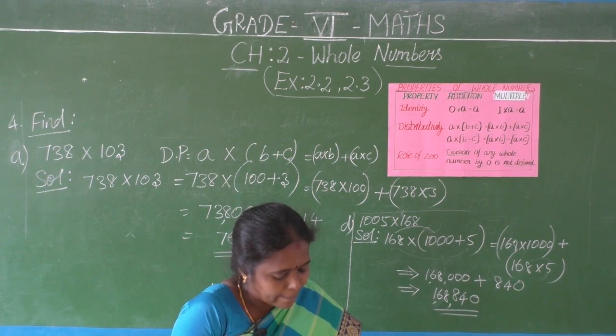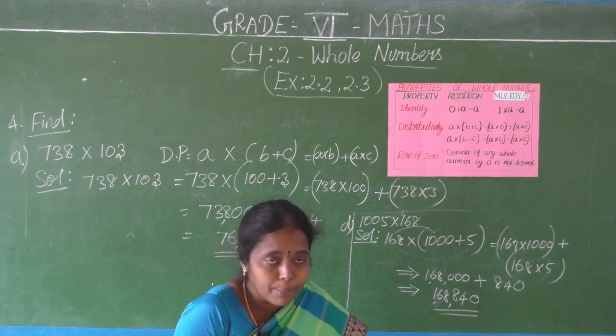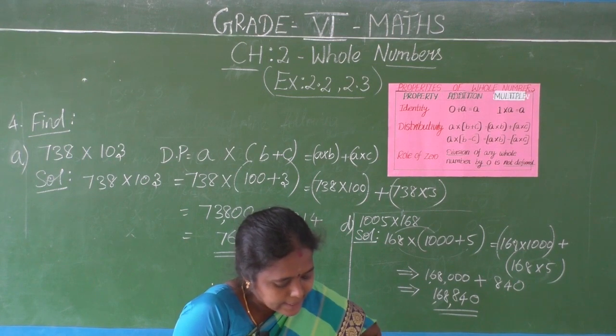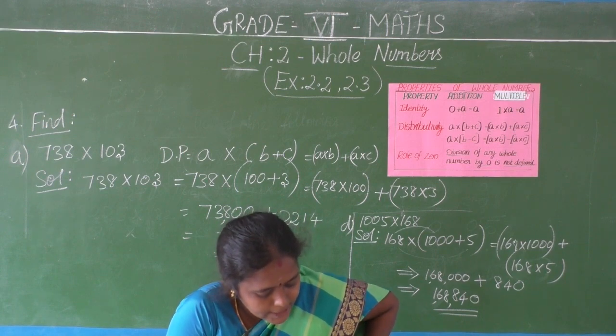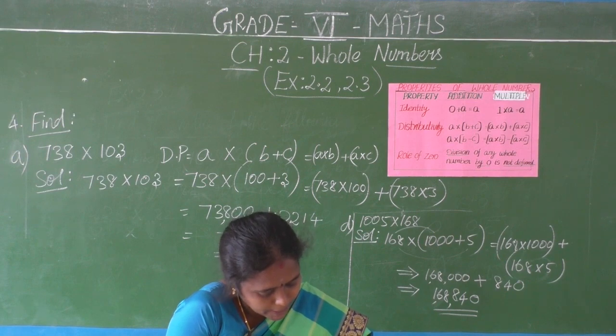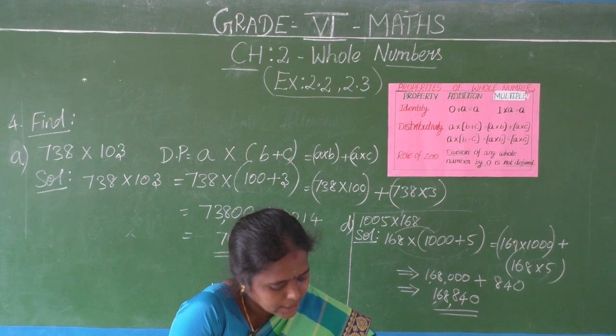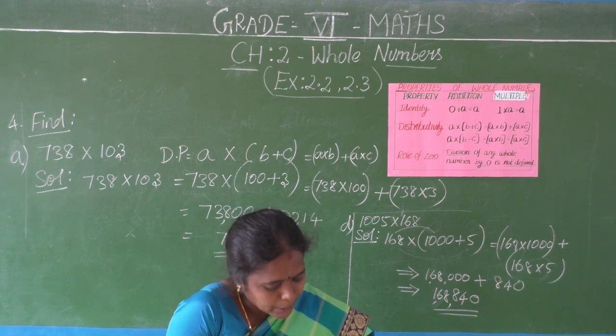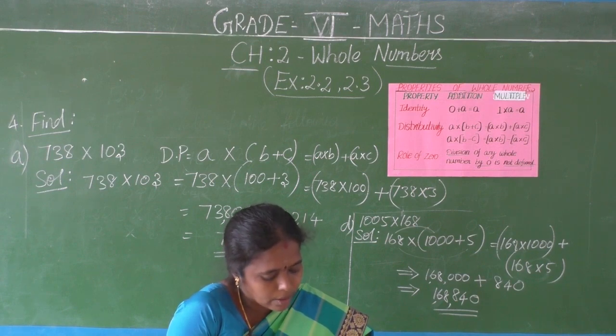See, fifth question. A taxi driver filled his car petrol tank with 40 liters of petrol on Monday. The next day, he filled the tank with 50 liters of petrol. If the petrol cost is 44 per liter, how much did he spend in all on petrol?